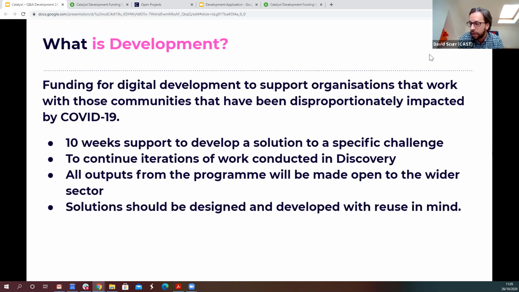And all outputs from the programs will be made open to the wider sector to ensure that other organizations with similar challenges or needs can also benefit from the learnings and the solutions coming out of this program. So solutions should be designed and developed with reuse in mind. That's one of the ethos of these funding programs, to make sure that others beyond the direct grantee can benefit from all this useful work.